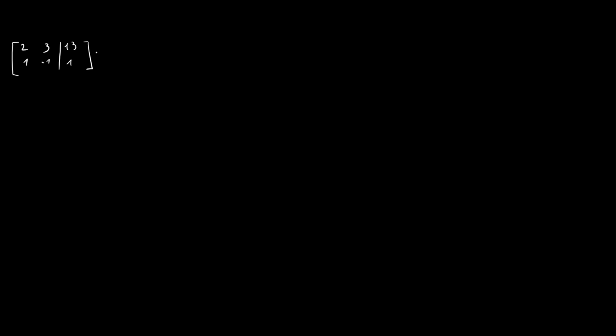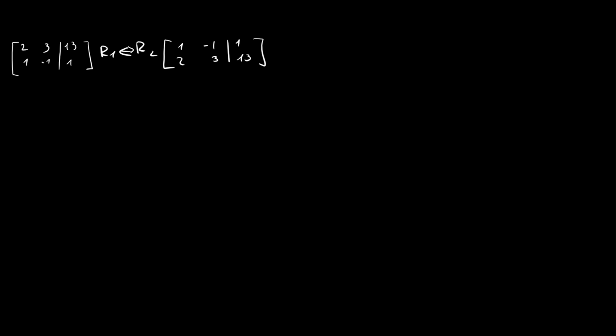So first, we're going to switch row 1 and row 2 because row 2 already has 1 as a pivot number. So we're just going to write it like this. Okay, the next step would be getting 0 underneath this pivot number.